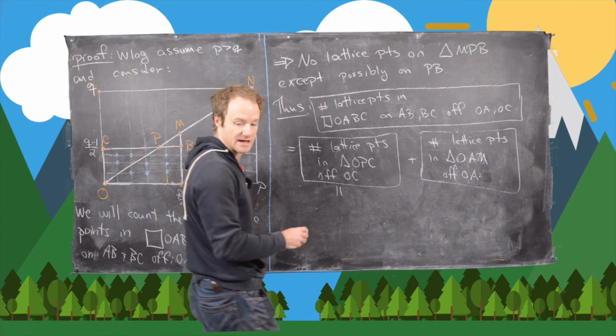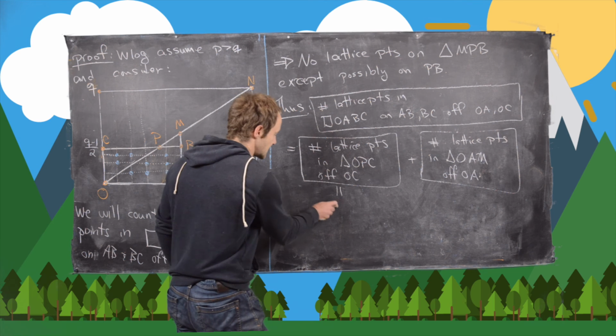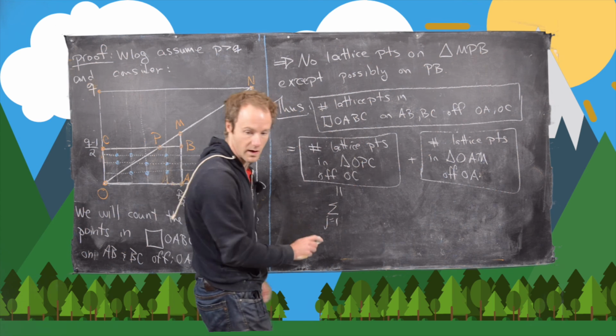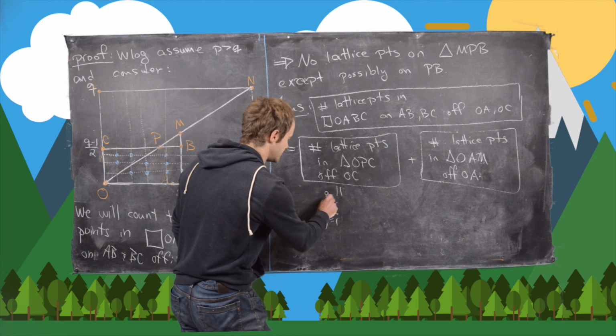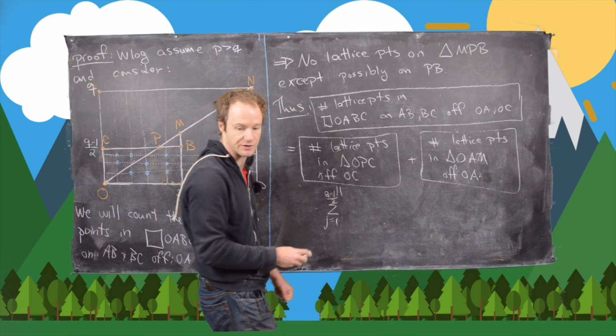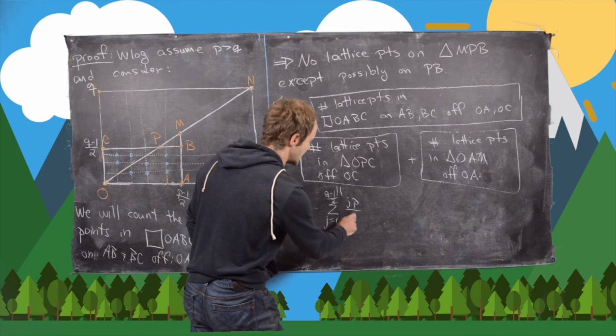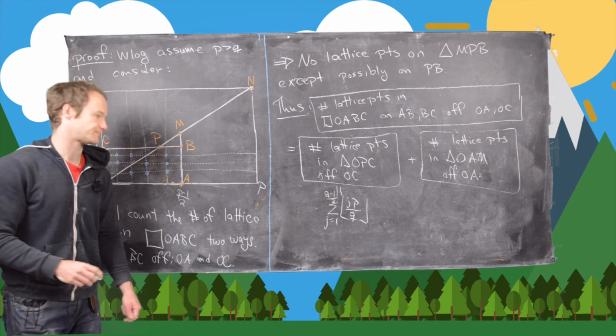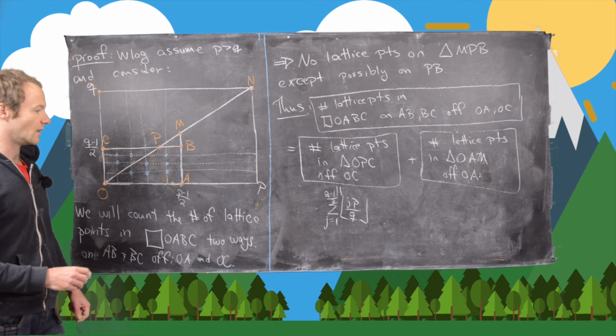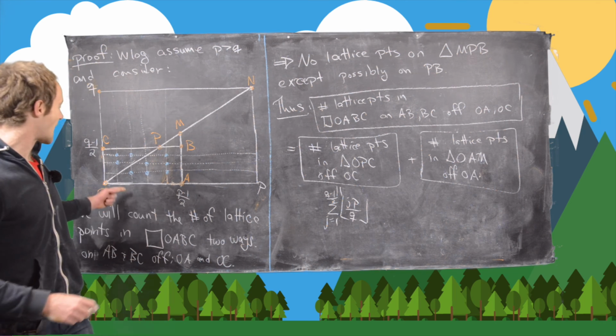Okay, good. So now notice that this number is equal to the following. So this number is equal to the sum j equals 1 to q minus 1 over 2 of the floor of jp over q. Okay, good. And then, so how do we get that?